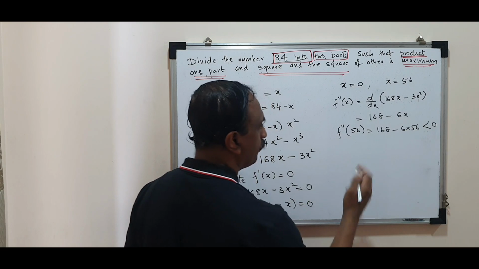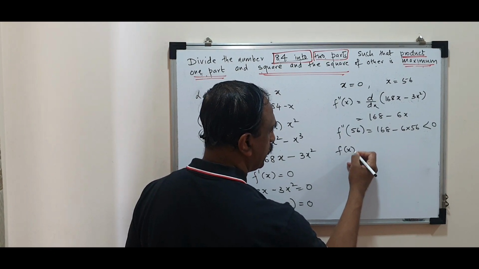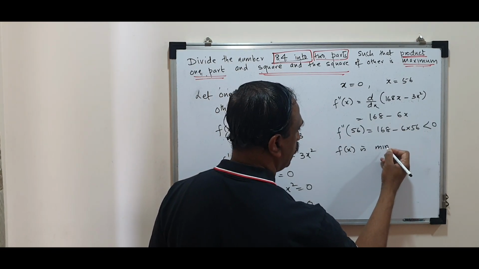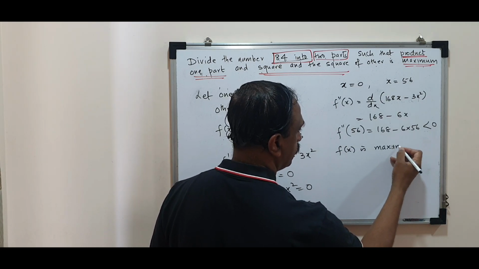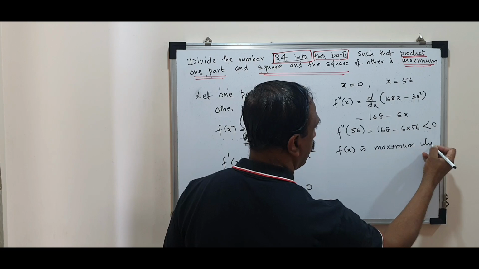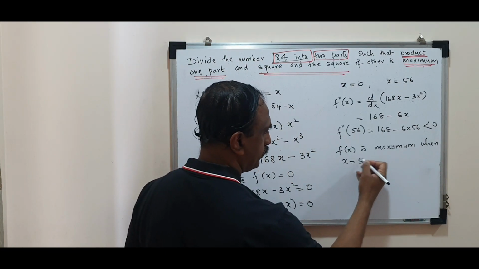So my conclusion, therefore, is f of x is maximum when x is 56.